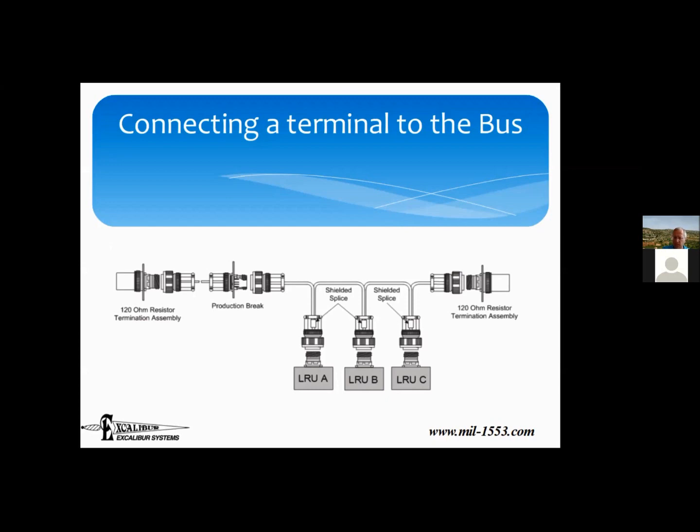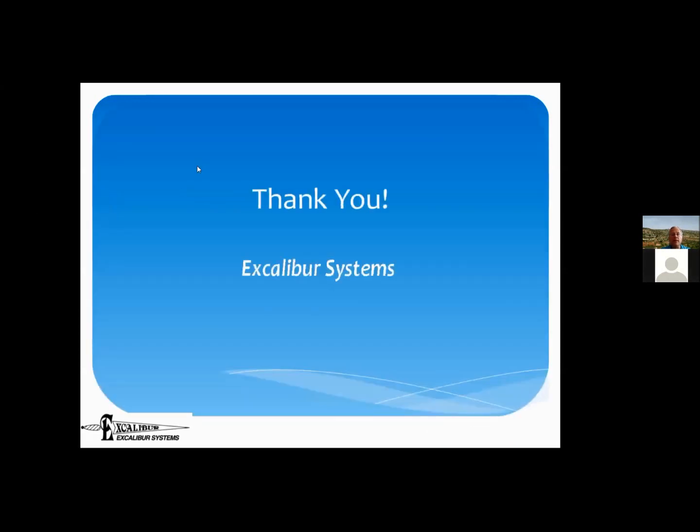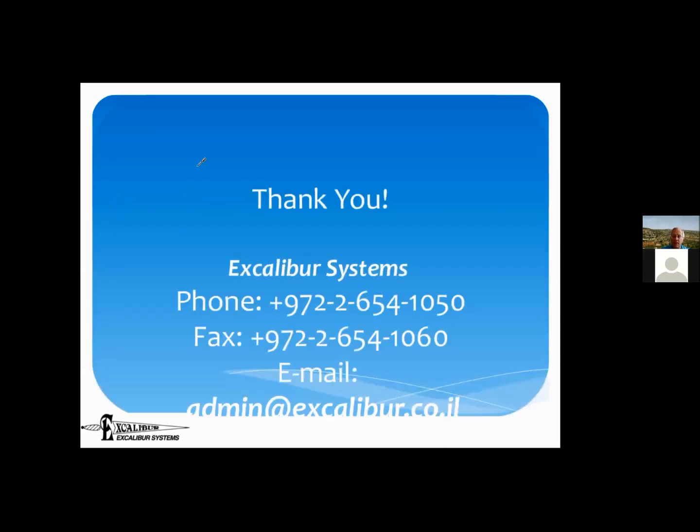The resistors make signals cleaner, and terminators make systems cleaner. So this is just physically the way that you're going to put it together in order to connect more terminals to a bus. Okay, that covers CAN bus.